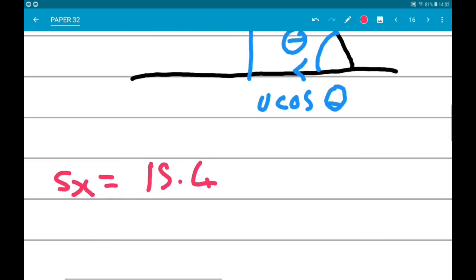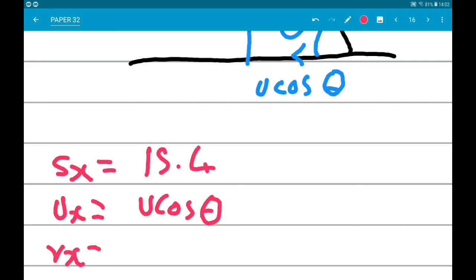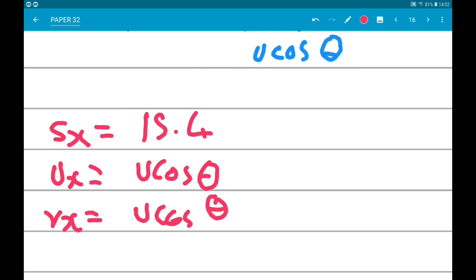We know our initial is u cos theta. We know the final will be the same. We know acceleration is 0. And we know t is 2.